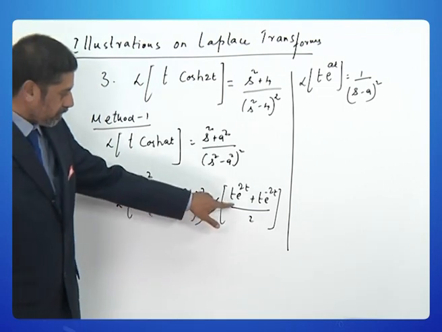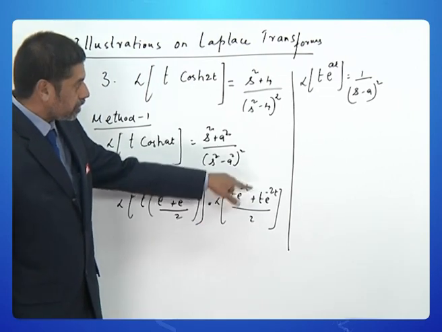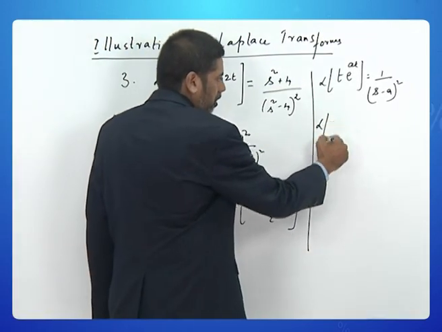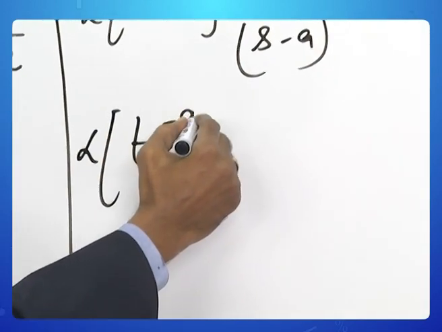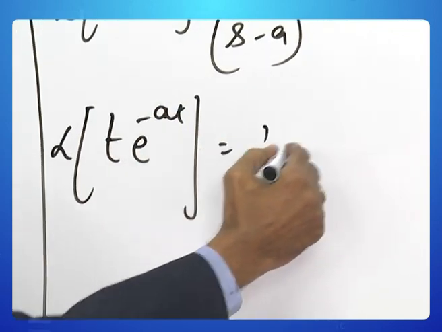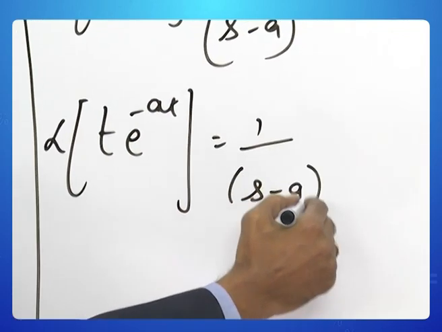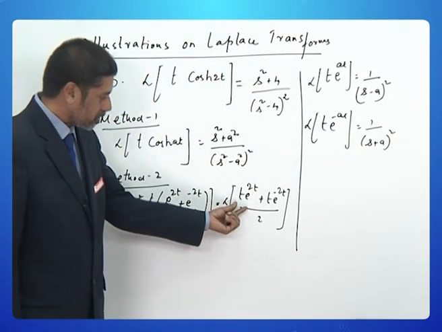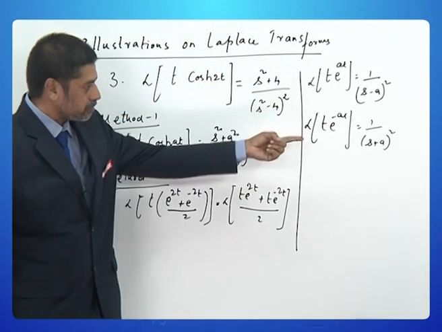So the transform of t e power 2t can be written using that, and the transform of t e power minus at would be 1 by (s minus a) whole squared, (s plus a) whole squared. So the transform of this and transform of this can be directly written.